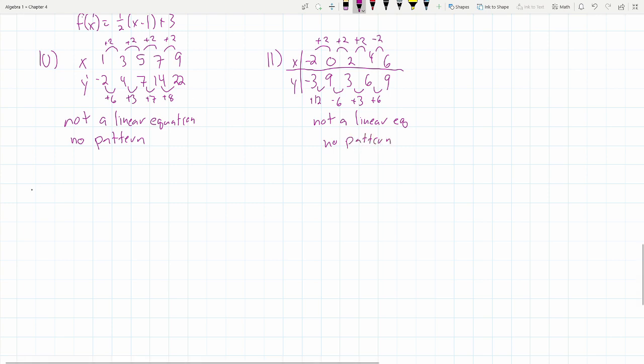And then number 12. You're renting a paddleboard. The company charges a $50 fee and $20 per half day. Part A asks us to write an equation that represents the total cost in dollars of renting a paddleboard as a function of the number of half days. Alright, so whenever I take this apart, I'm going to break things apart.